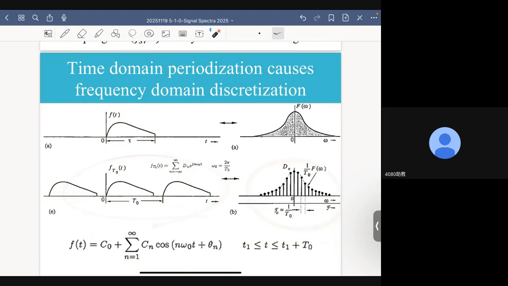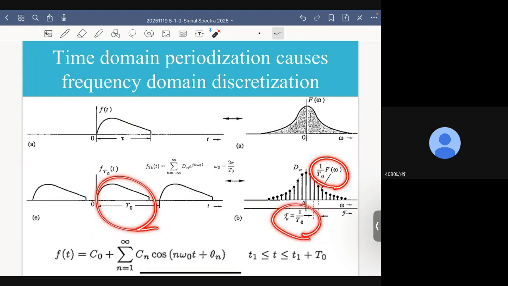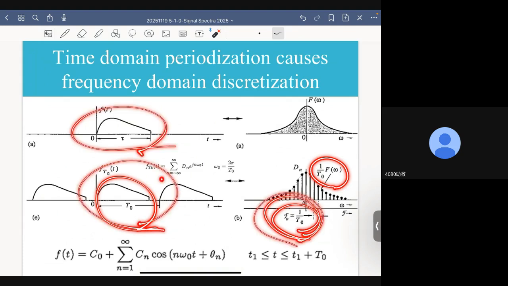It just happens that the Fourier coefficient Dn is actually F(omega) divided by T0. T0 is the period that we specified in periodicalizing the signal. T0 is the period of this signal.